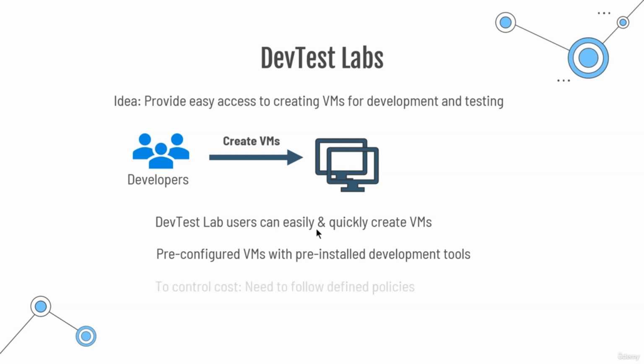So with these policies, we can define as administrator what tools can be installed, what operating systems these developers are allowed to use in the DevTest Lab, and also, of course, what size of the virtual machine can be used. And like this, we can, as admin, define these policies to just have control over the cost and still give these developers the ability to quickly provision and shut down virtual machines for development and testing purposes.